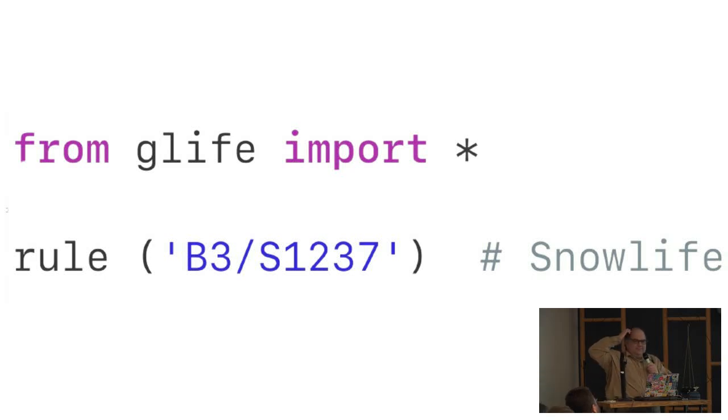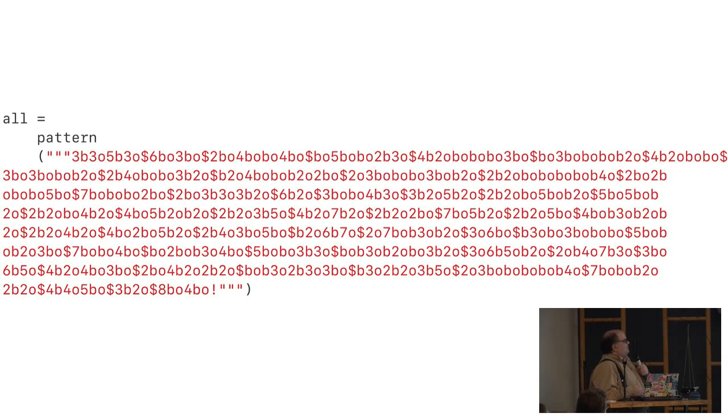So even though we're talking about this, it is still not a pure function. And then you have this really arcane pattern, and the pattern is just the serialization of the glider itself, which you can cut and paste.